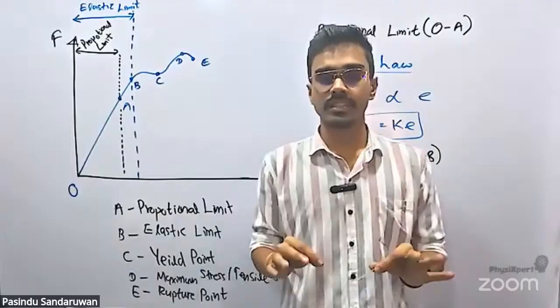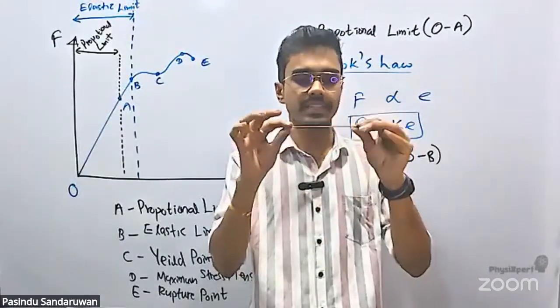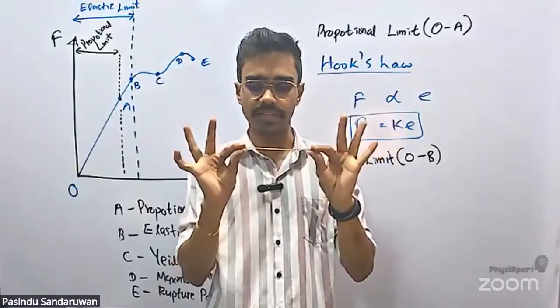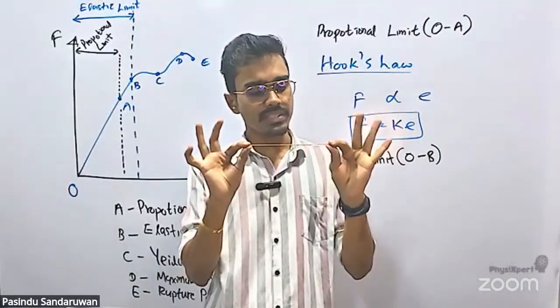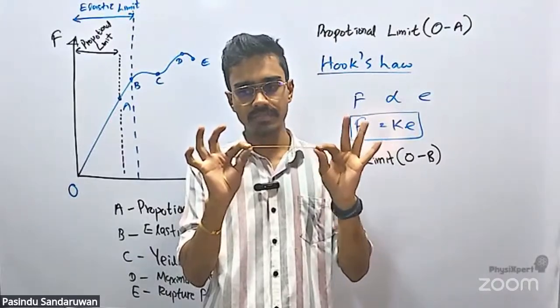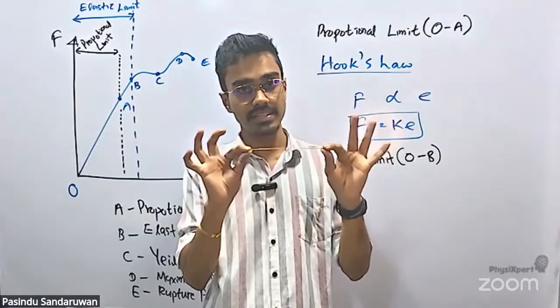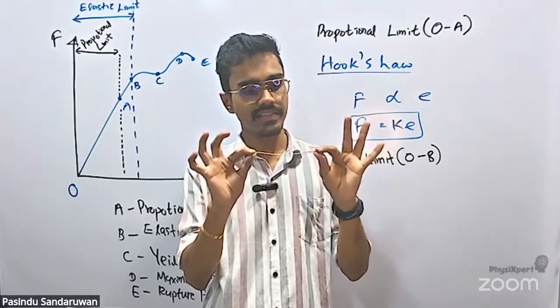Elastic limit is defined as this. Now this is a rubber band. It's a ductile material. When the force is applied, can you see it deforms? It deforms, increasing its length.